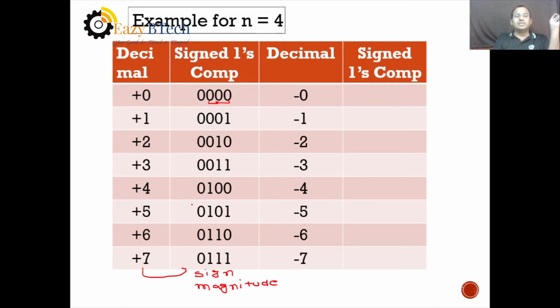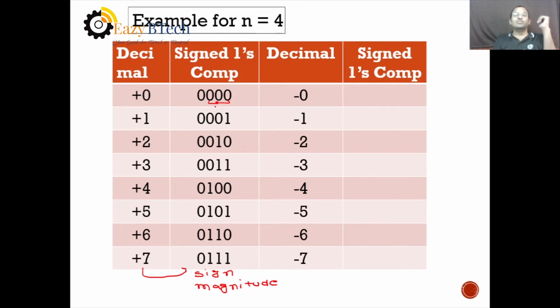So if the MSB is 0, you can be sure that it is a positive number. And how to represent negative numbers in signed 1's complement form? We have to find the 1's complement of the corresponding positive number.